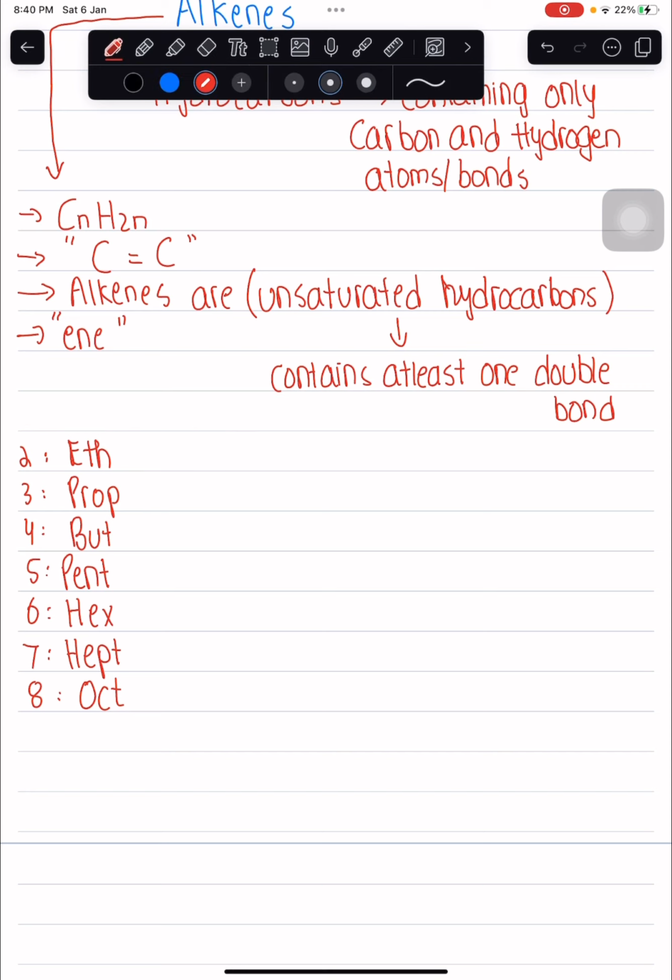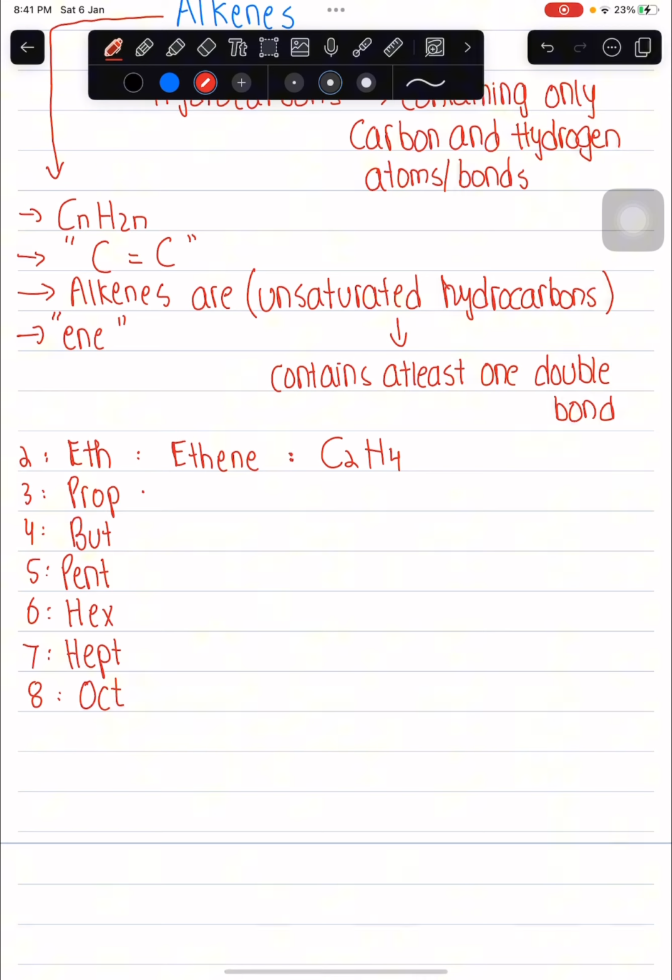Okay, now first of all, let's find the molecular formulas. So we have ethene, and the molecular formula is going to be, in place of n, we will just substitute 2. So we'll have C2, and twice of 2 is 4, right? You just have to multiply 2 with the carbon number, so it's C2H4.